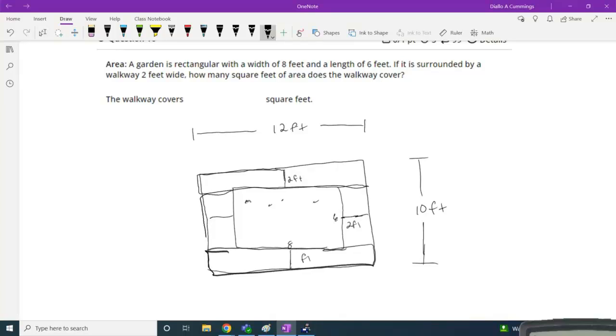And then that's going to give me 4 different rectangles.